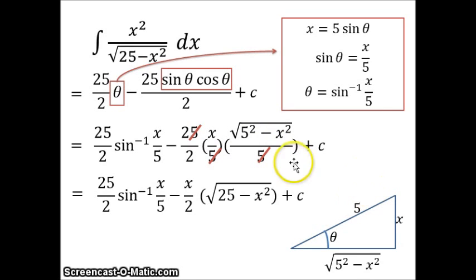So after all that substitution, we can finally cancel off whatever factors we have in common. So 25 can be cancelled with 5 times 5 here, and we'll just end up with this. And always don't forget your c, since it is an indefinite integration. So that will be all. Thank you.